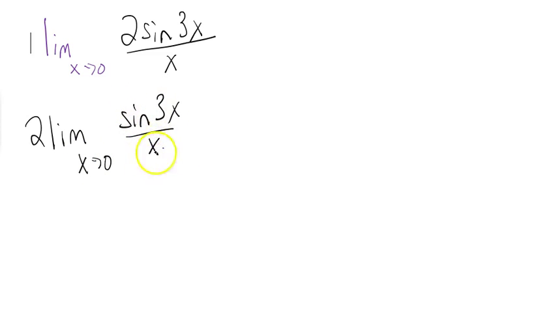And again, when you look at this, you know the answer is 3. So you can just bring down that 2 and then look at this answer is 3 and get a 6. And so Nathan, this answers your question about what if there was a number in front of the limit. You just bring it down and multiply. Okay? Yeah, it's just one less step than what I have.